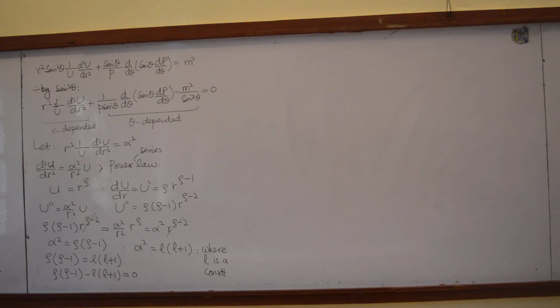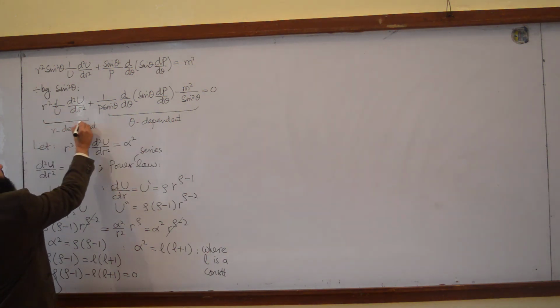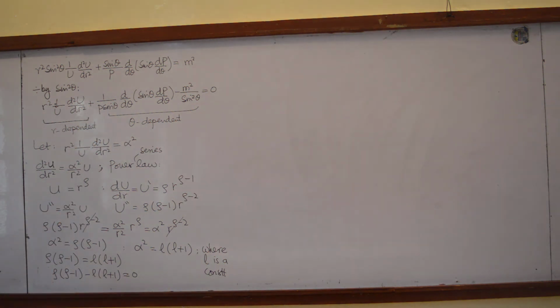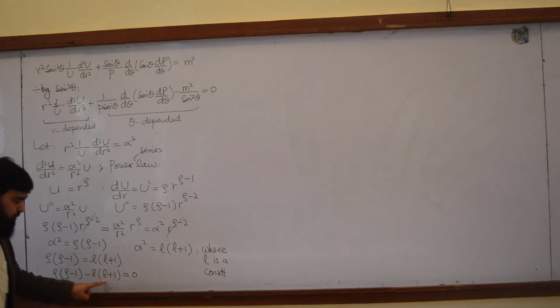This is the solution of this equation, the r-dependent term equation, which is equal to this. Although we haven't solved the equation, what we are doing is simplifying the form of this equation. You will solve the equation when you come to know the value of m and the value of n.